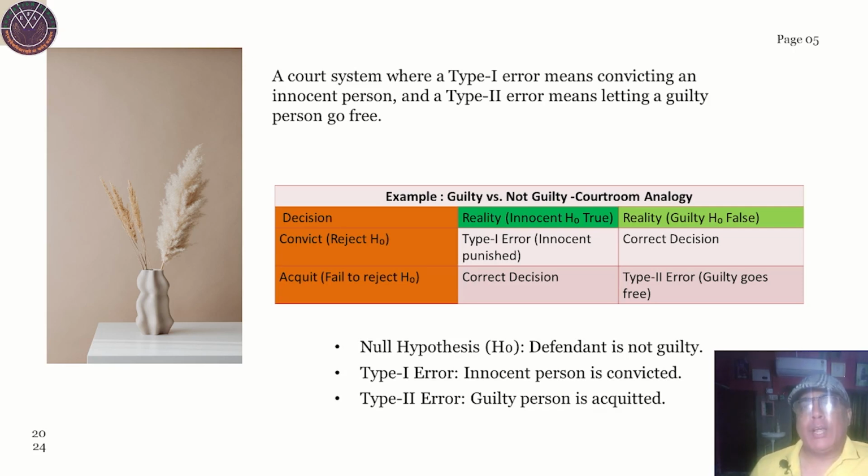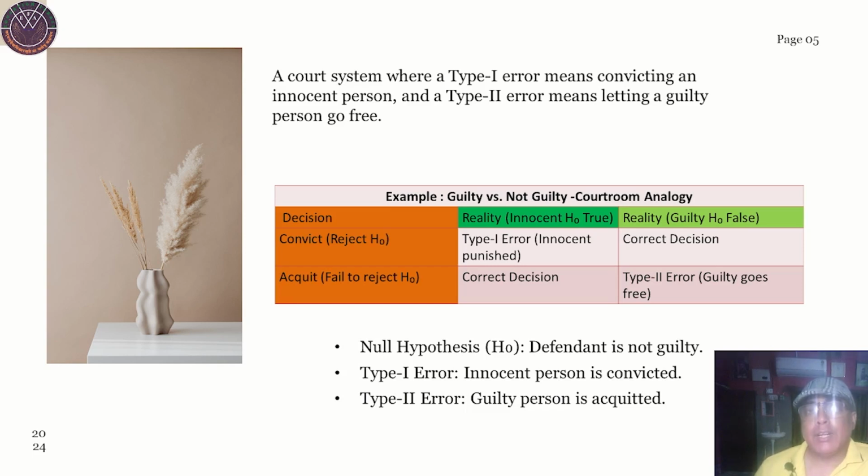Now you all know that whenever a person is convicted or is indulged in a particular case, then you have to go for a court hearing, and then you are asked to put your evidences, and then the public prosecutor is there, and the government prosecutor is there, and they try to produce their own evidences, and then they try to prove if either the person is guilty or he is not guilty.